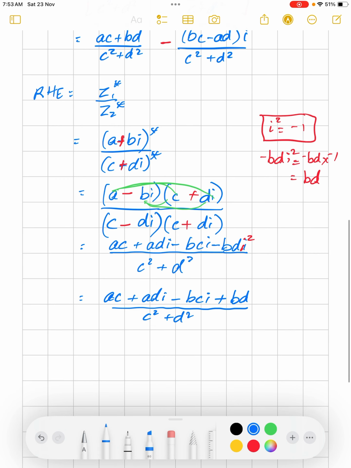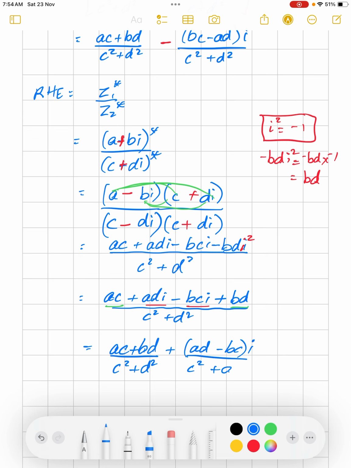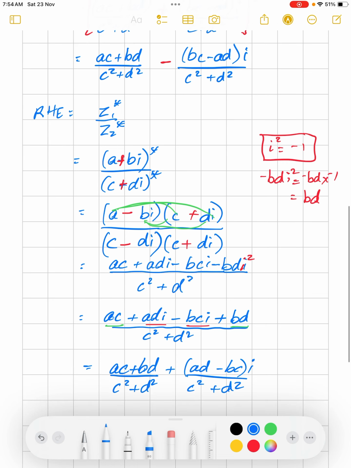And now let's bring the real components together, which is AC plus BD, and we'll put that over C squared plus D squared. And the imaginary components will be plus AD minus BC I over C squared plus D squared. Now notice in our left-hand expression we've got a minus, and in the right-hand expression we've got a plus.